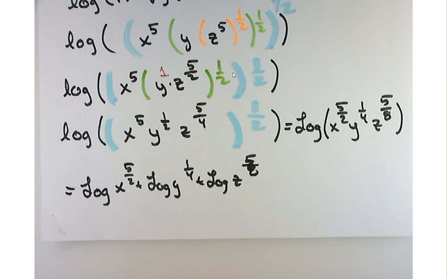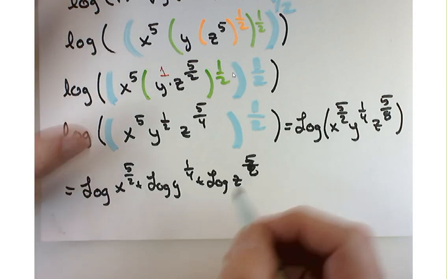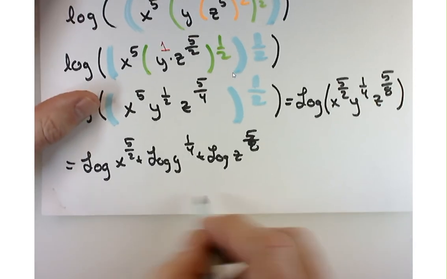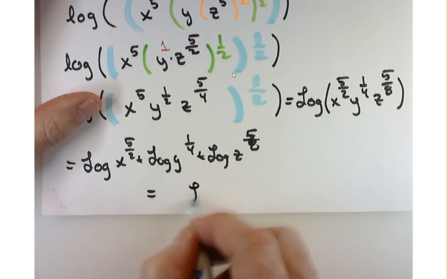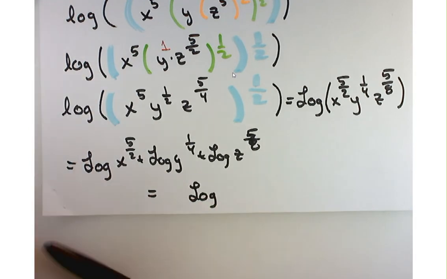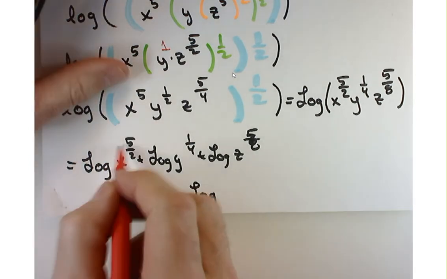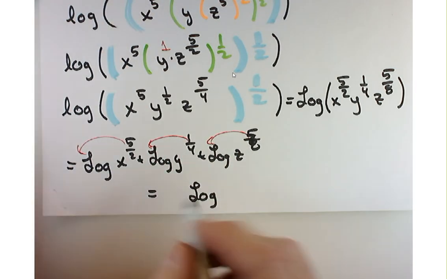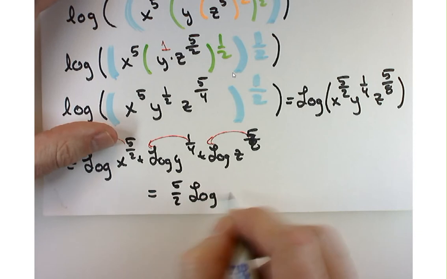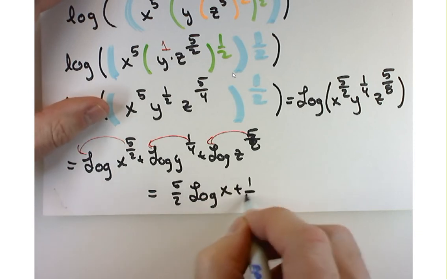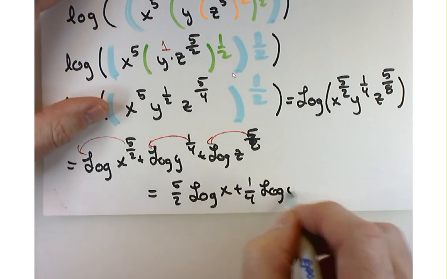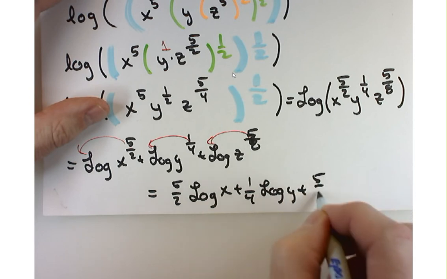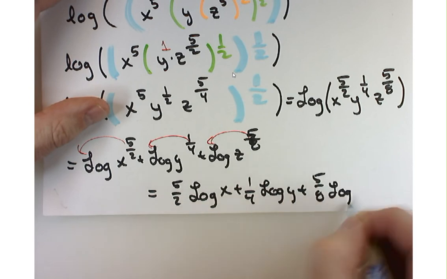Reagan, what's the last property I'm going to use here? Yeah, the power rule. These exponents all come out in front. So it's 5/2 the log of x, plus 1/4 the log of y, plus 5/8 the log of z.